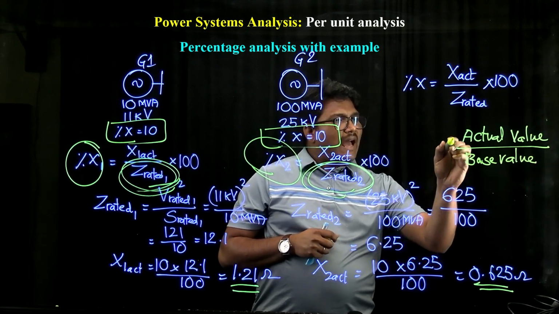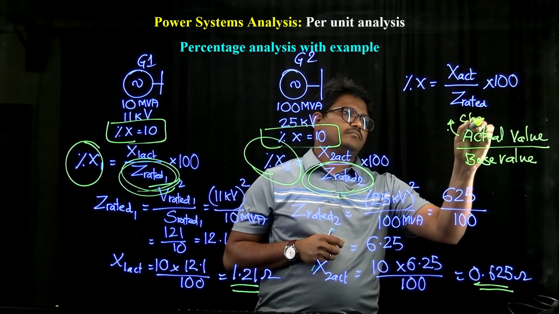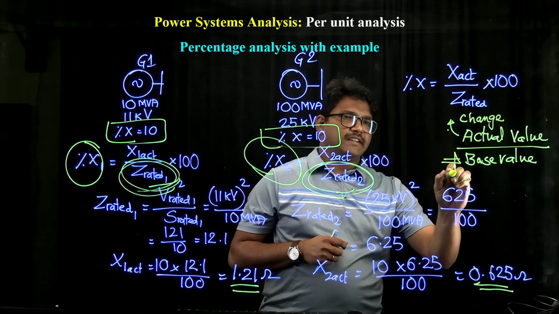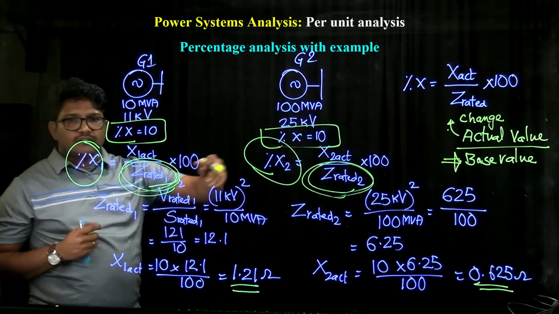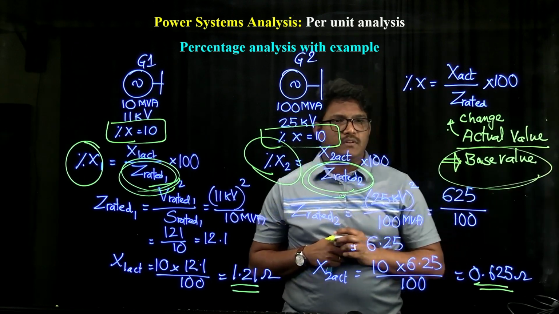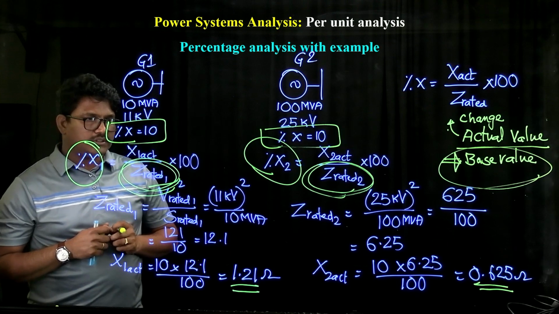So now the actual values keep changing, but the base should remain same. Even if the machines are different, they are of different rating, then I'm supposed to have the same base value. That's where the concept of the per unit analysis comes into picture.